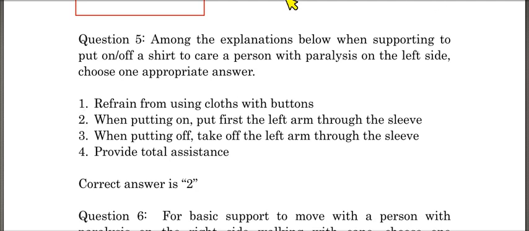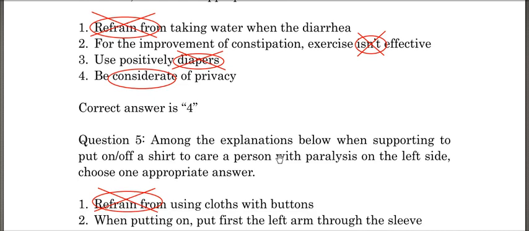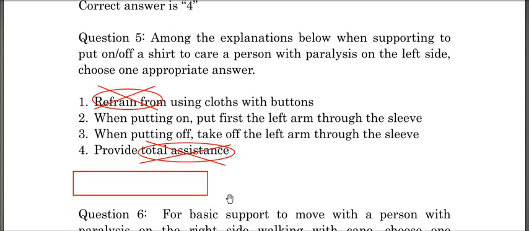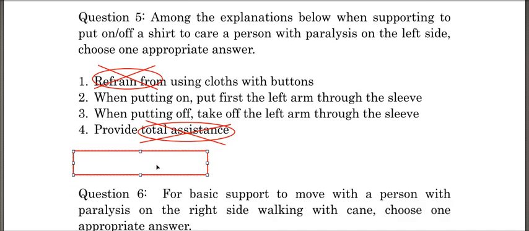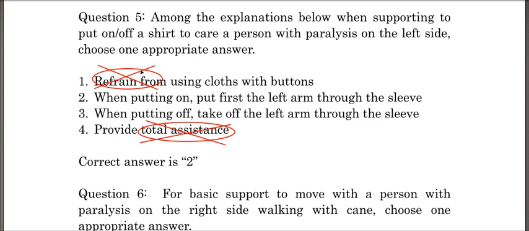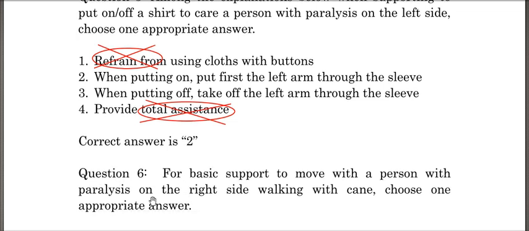Let's see. Number 5, right. This one. Bad: refrain from, total assistance, bad. Right? Okay. Question 6 has no tips, so I finished this.